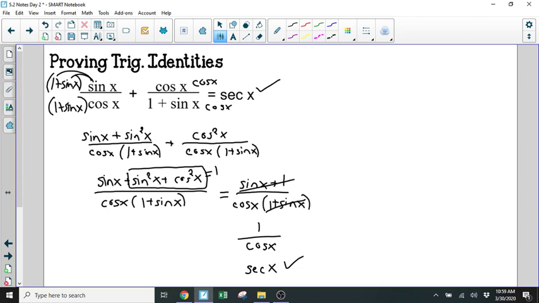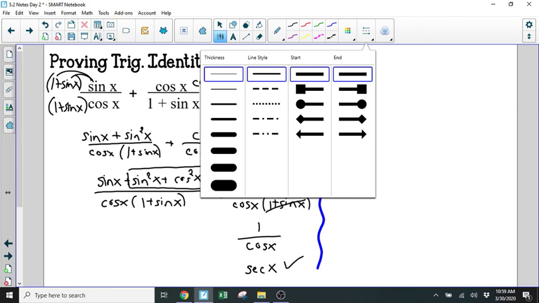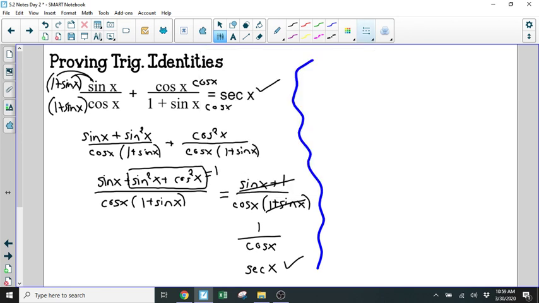I do want to look at this one a second way. If we were to look at this as a second option, starting again at the beginning, we could have gotten a common denominator slightly differently, and I just want to show you a second option here.